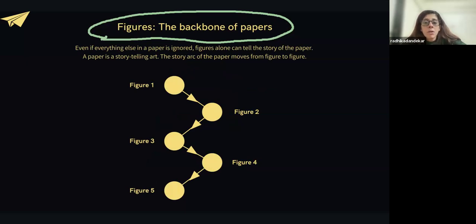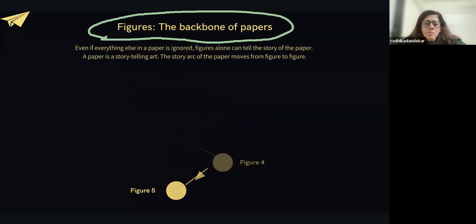So it's very important that your figures are extremely aligned with one another and they tell the same story. Your figure 1 should be aligned with your figure 2, and then your figure 3, in a very processed and structured manner.